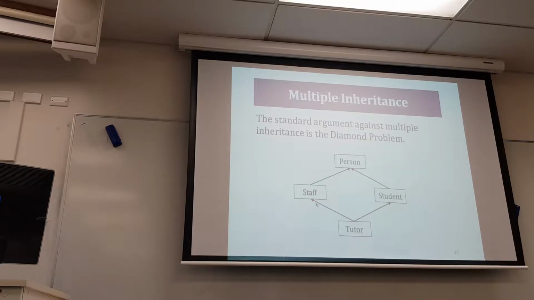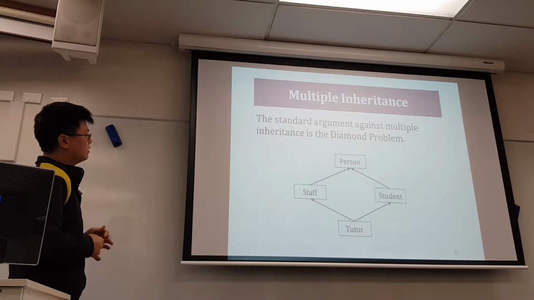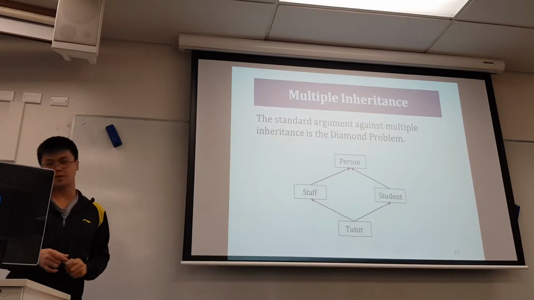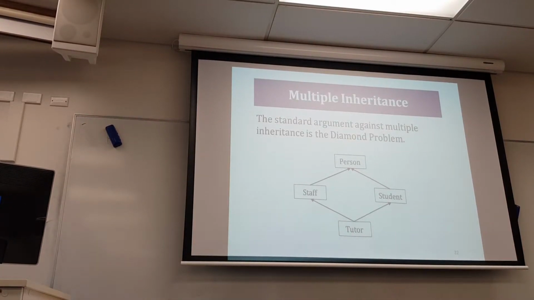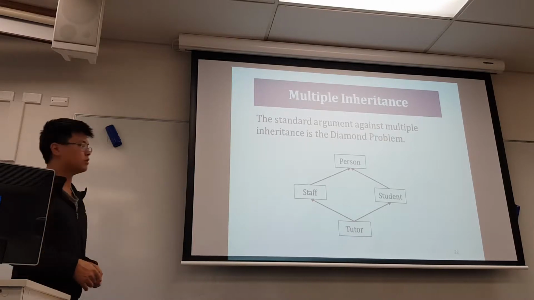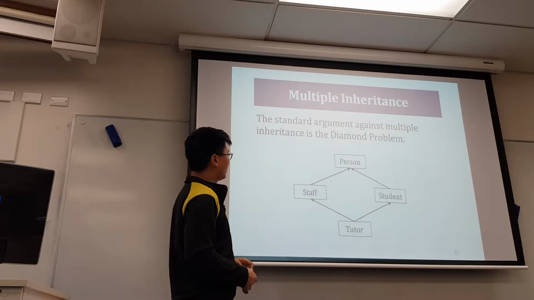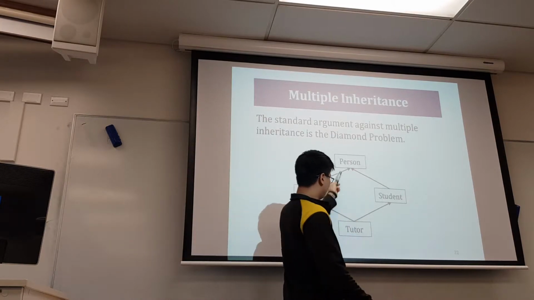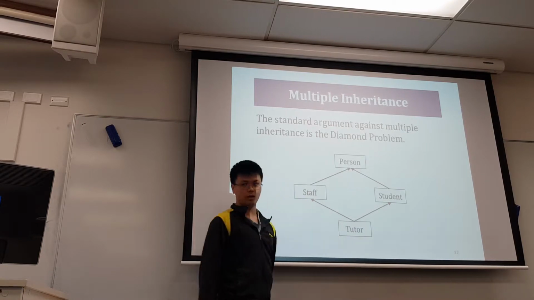So this is the kind of problem that arises when you have multiple inheritance and there is no clear precedence. Instead of having tutor inherit from staff and student, which are two separate classes, you have both of these two classes inherit from person, and then tutor inherits from these two classes.